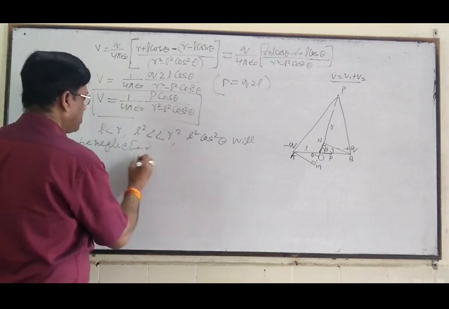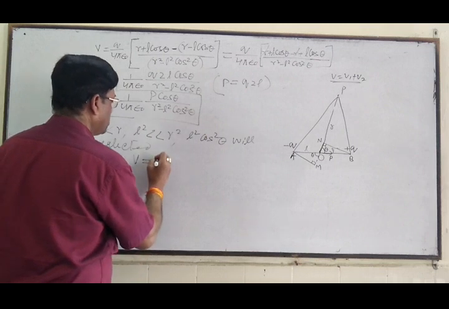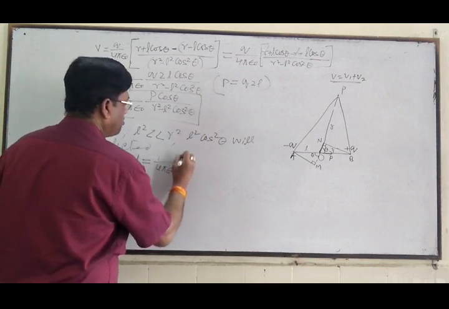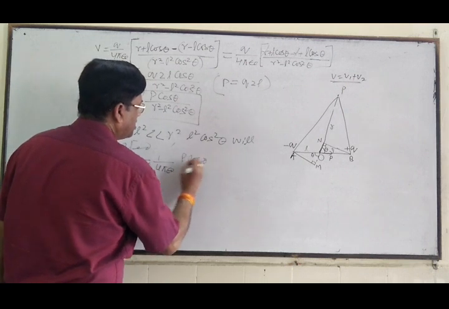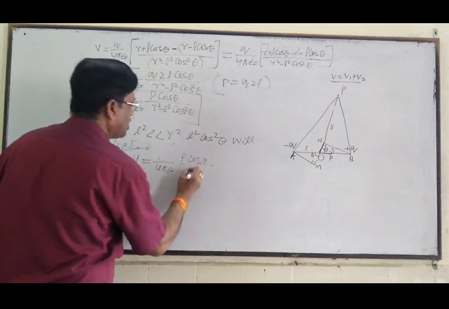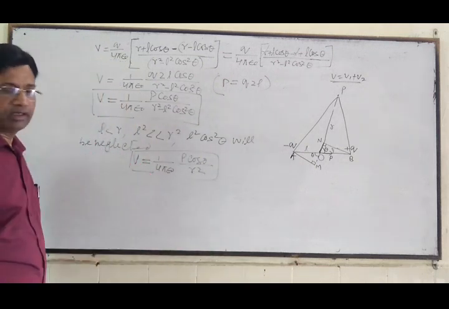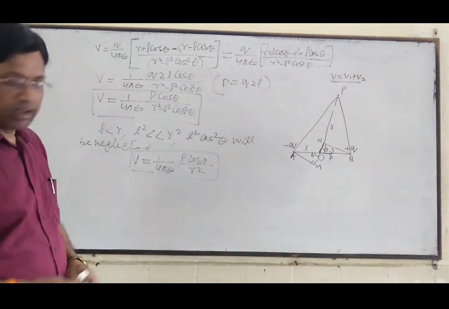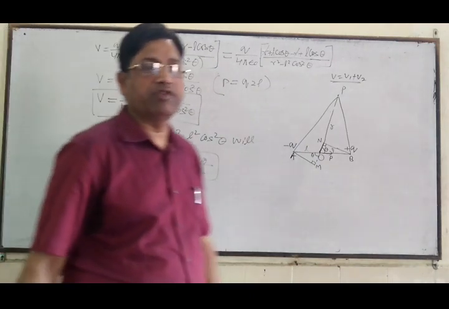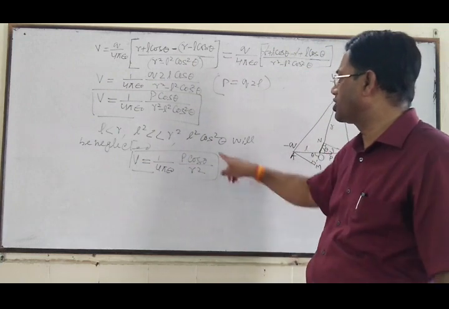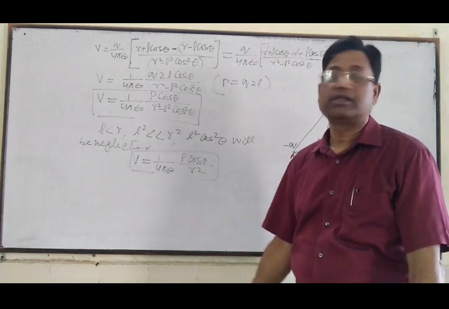Then the formula will come V is equal to 1 upon 4 pi epsilon naught P cos theta simply upon R square, which is the final formula. V is equal to 1 upon 4 pi epsilon naught P cos theta upon R square.